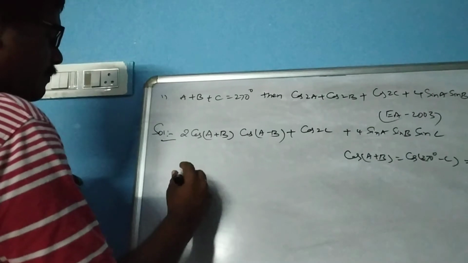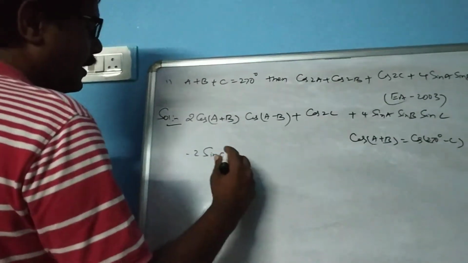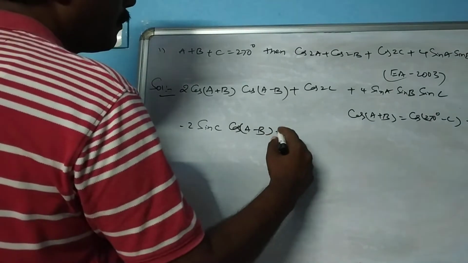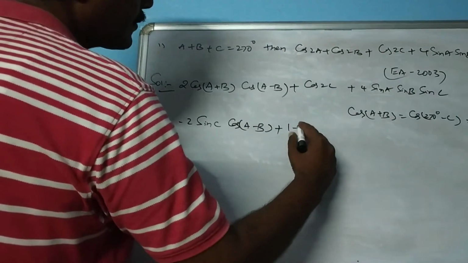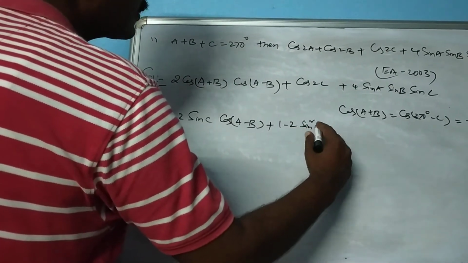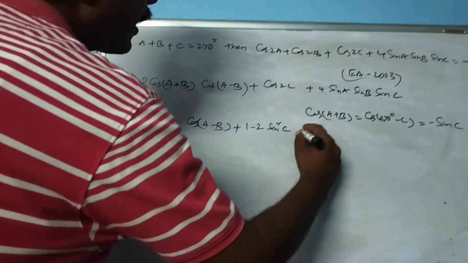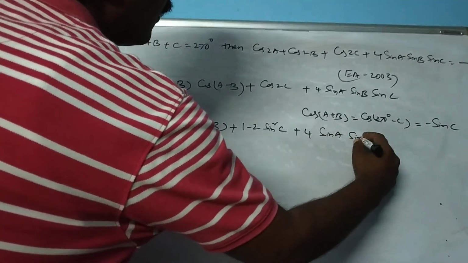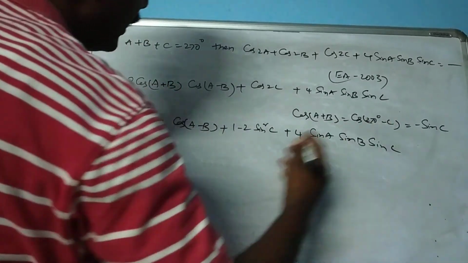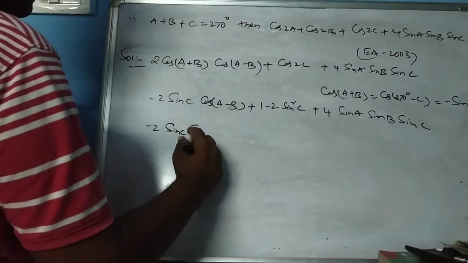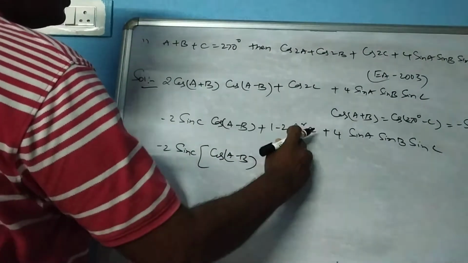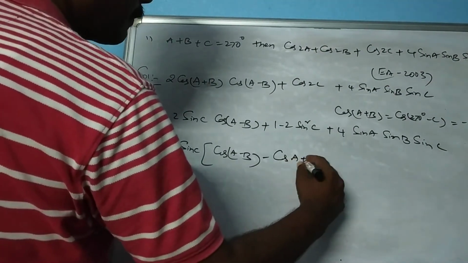This is minus 2 sin c into cos(a minus b) plus, this can be written as 1 minus 2 sin square c plus 4 sin a sin b sin c. I have taken. Now this is cos(a minus b) plus sin(a plus b).